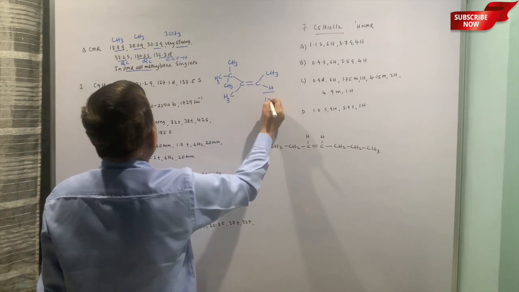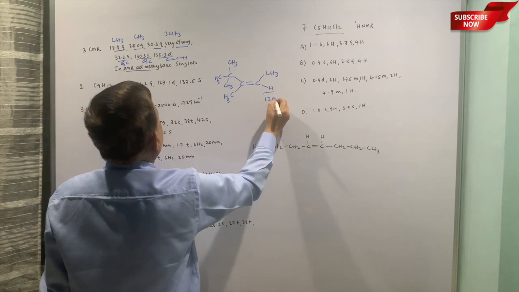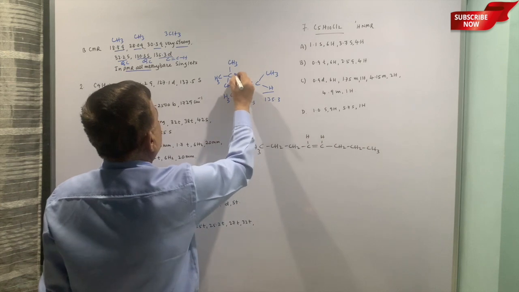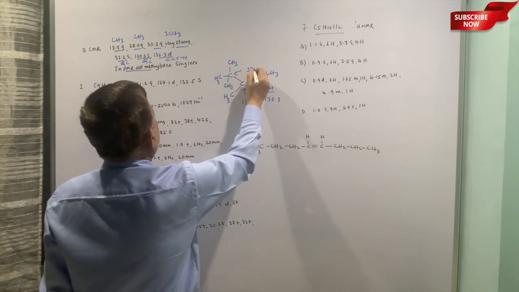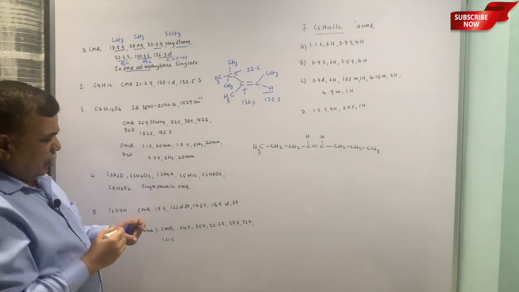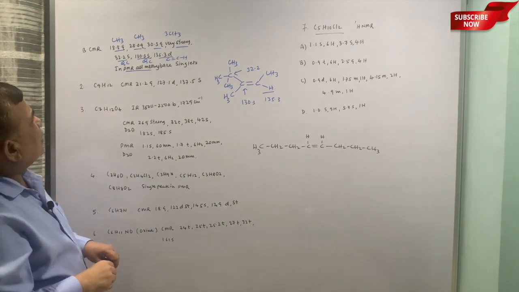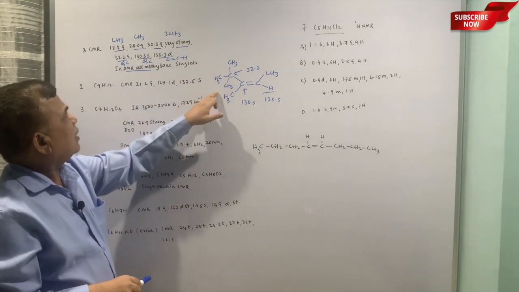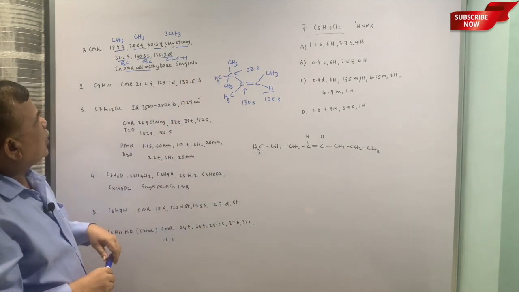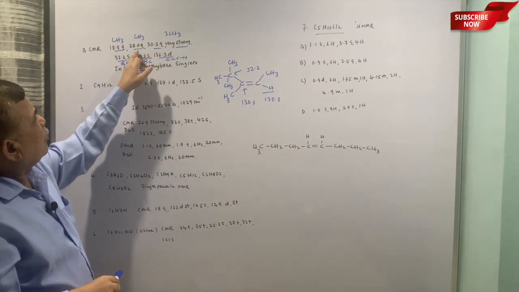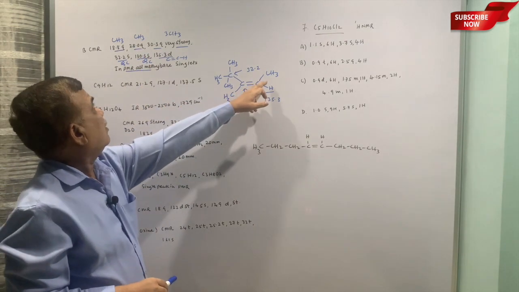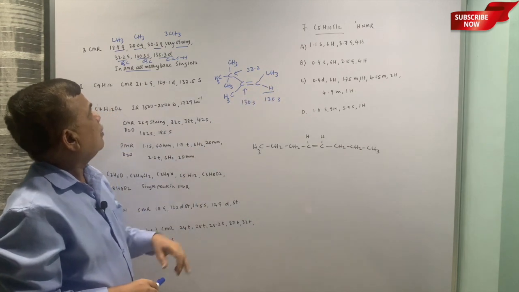This is 135.3, this is 130.3, this one is 32.2. These are all important carbons. Then coming to these methyls, that 18.8 is the methyls attached to the tertiary butyl carbon, and then 28 and 30.3.